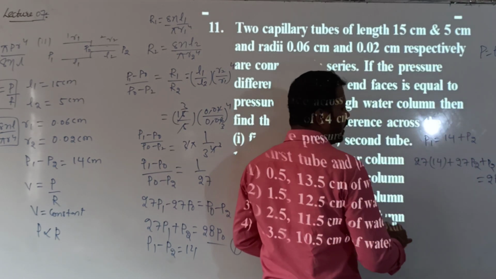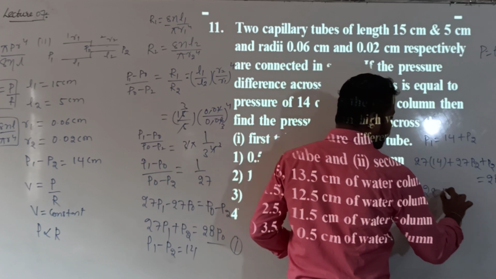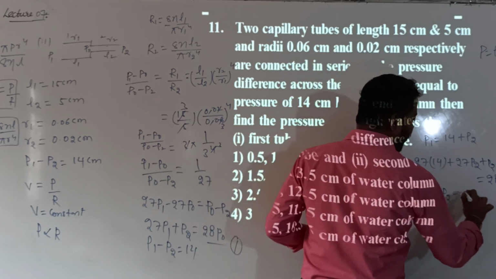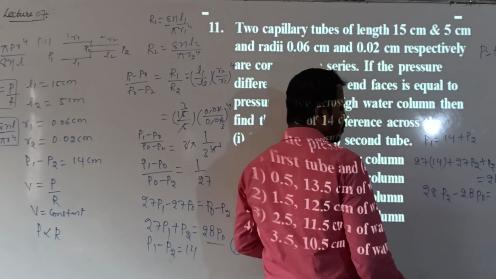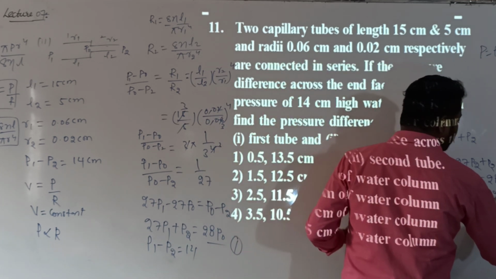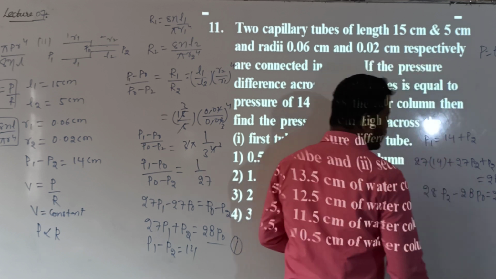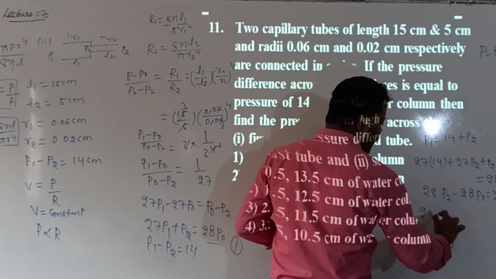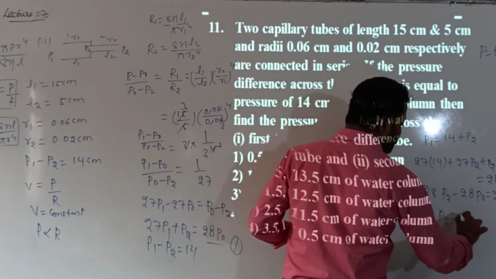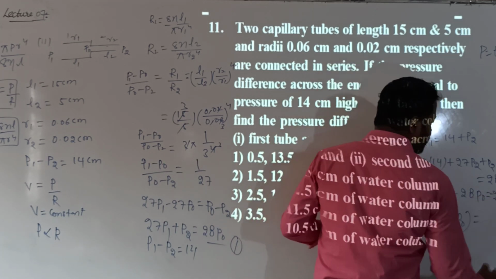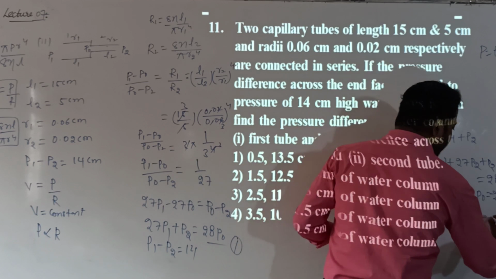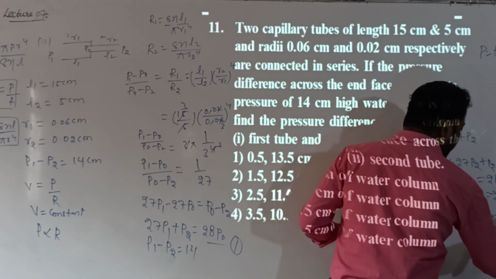So from this what do I get? 28 into P2 minus 28 into P0 will be equal to 27 into 14. You simplify this. 28 into (P2 minus P0) will be equal to minus 27 into 14.